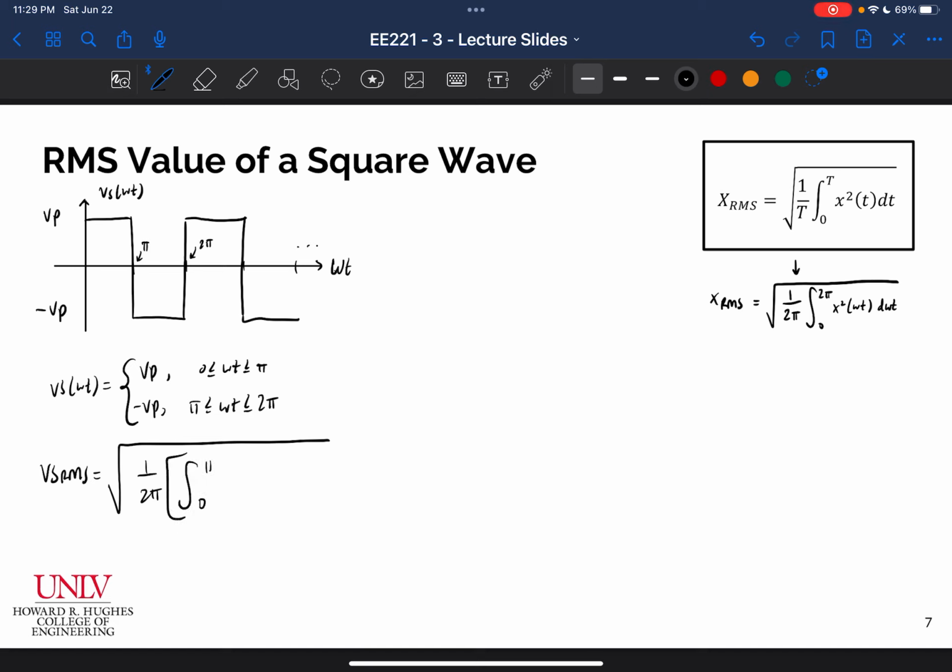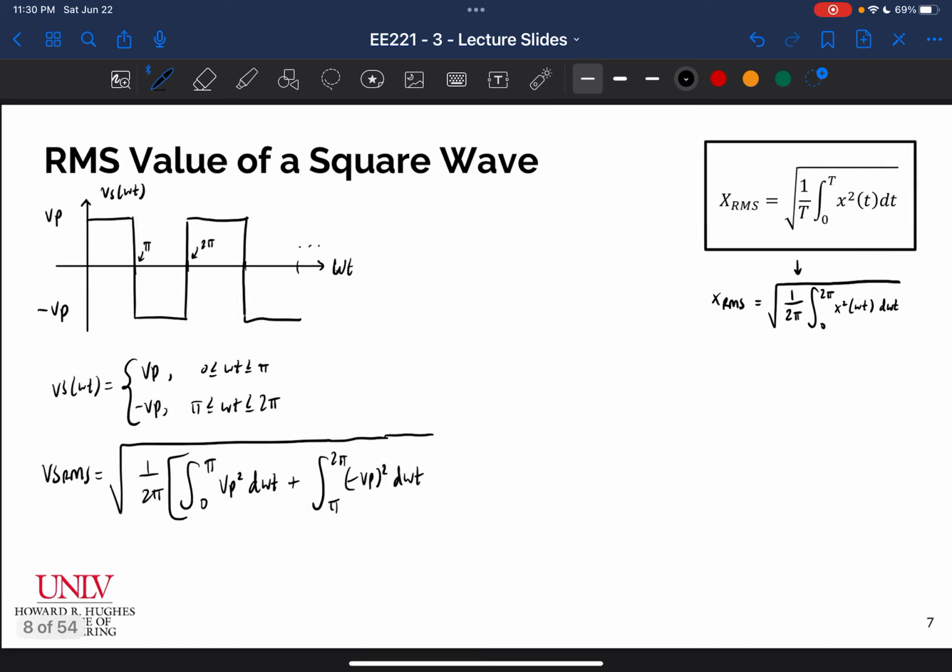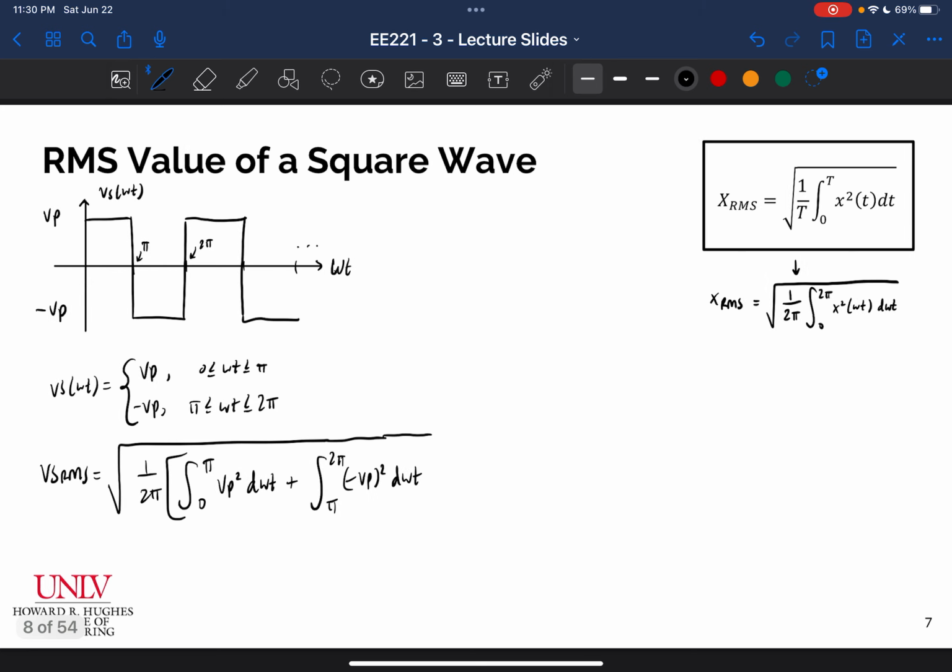So I'll go 0 to pi for Vp squared d omega t, and then I'm going to go pi to 2 pi of minus Vp squared d omega t, which I hope you see that minus Vp squared is just going to become Vp squared, so I can really just integrate this from 0 to 2 pi right off the bat. I just wanted to show that.